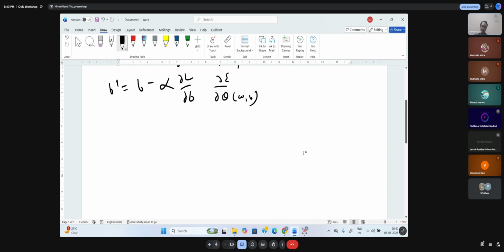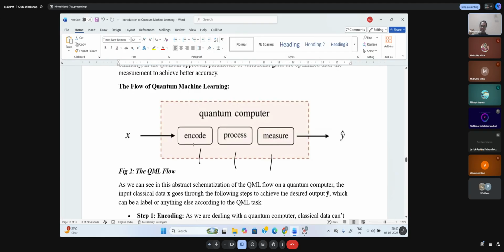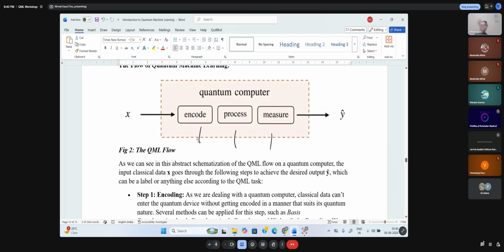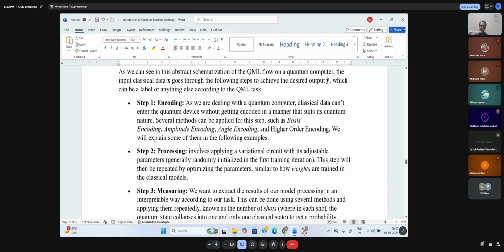If you are given a classical value, you need to encode it first to convert it into quantum, and only then can you work on a quantum circuit. A classical bit will not work on a quantum circuit. You need to encode it into qubits, and then give these qubits as input to the quantum circuit. So that concept is present here: encode, process, and measure.